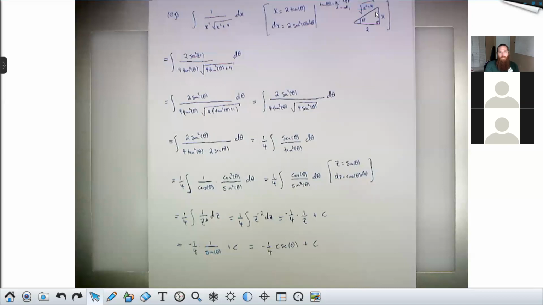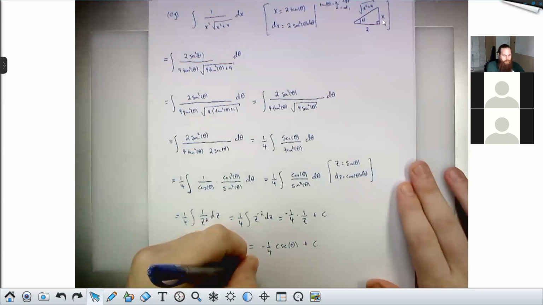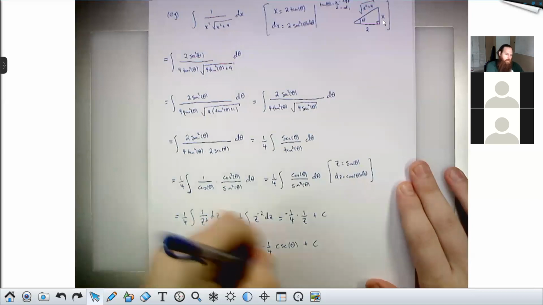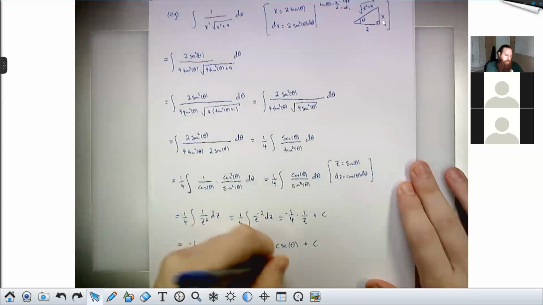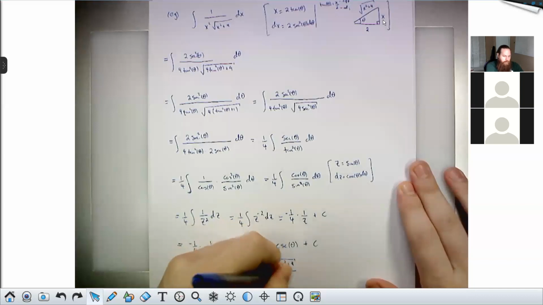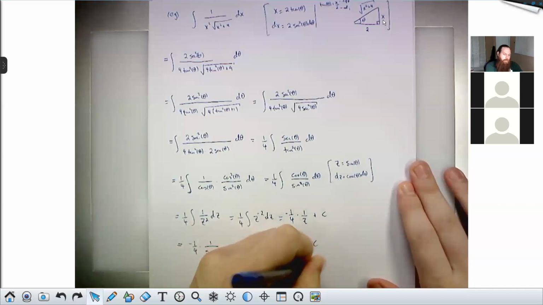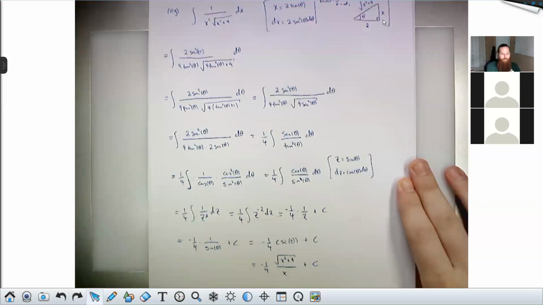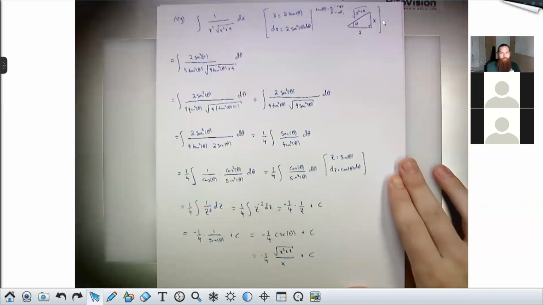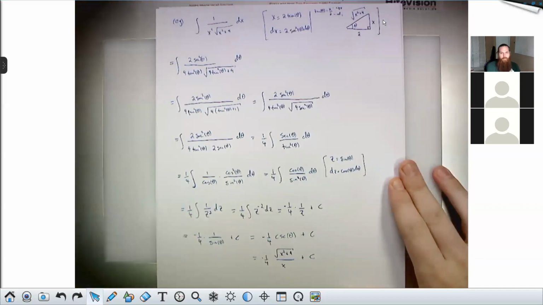So cosecant is hypotenuse over opposite. So this is going to be the square root of x squared plus 4 over x. So I'll have negative 1/4 square root x squared plus 4 over x plus c. Like this.